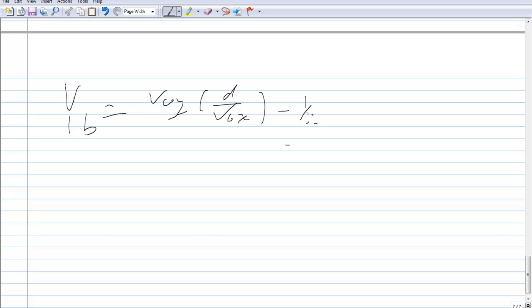So if we go back and look at the equation for the y location of the bullet, that was equal to v naught y times d over v naught x minus 1/2 g d over v naught x squared.